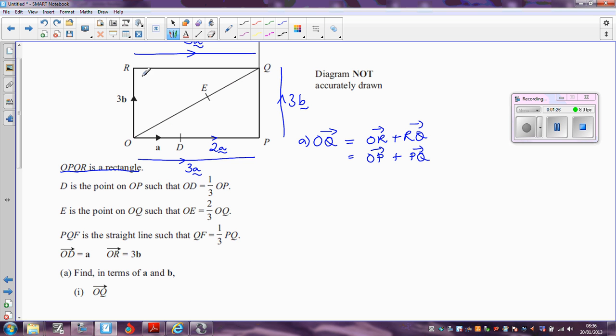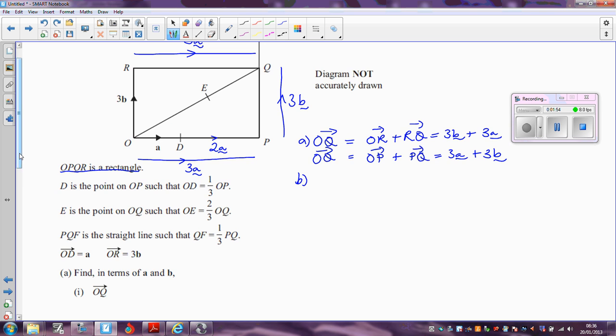If I go from O to R, that's the vector 3b, and then I add this vector here, which is 3a. If I go the other way, so O to P first, that's 3a, and then I follow that with 3b. Either way, I get the answer 3a plus 3b. So the vector OQ, and I'm going to write it in alphabetical order, easier, is 3a plus 3b.